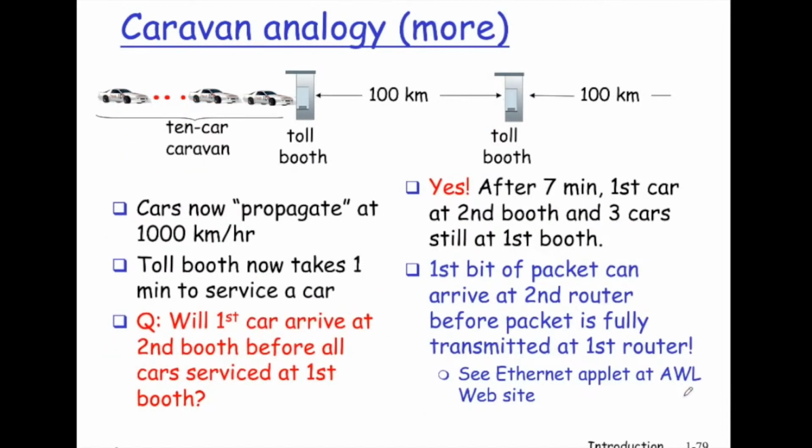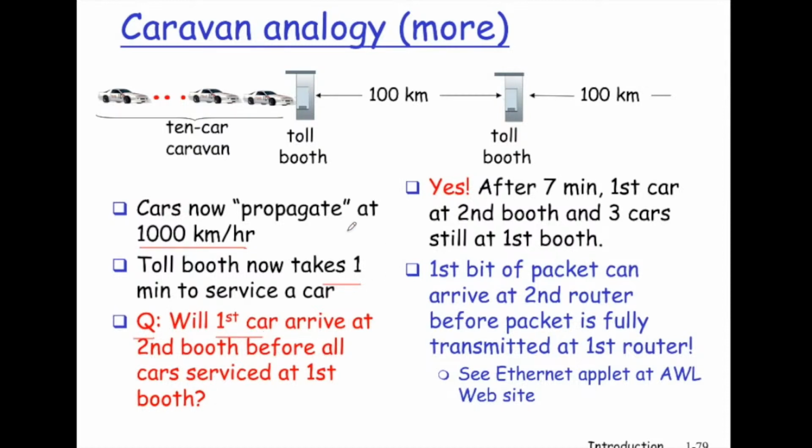In the second example, the configuration is slightly different, mainly propagation speed and transmission speed. Propagation speed now goes really fast, but transmission speed is much slower. The question here is asking, will the first car arrive at the second toll booth before all the cars are being serviced?